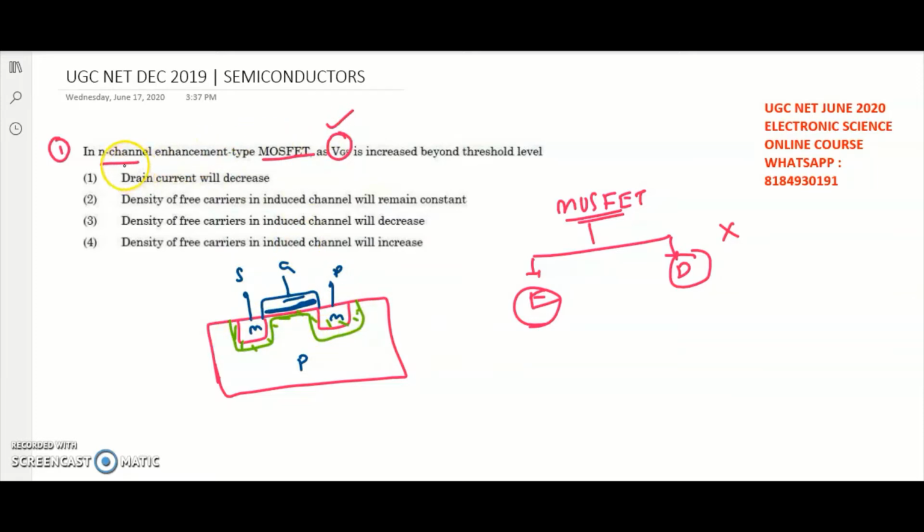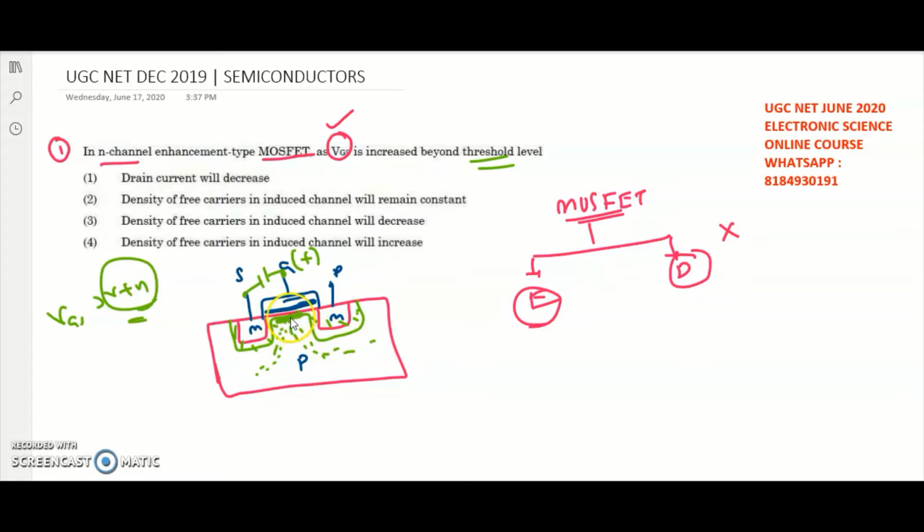And now they are asking what happens when the gate to source voltage is increased beyond the threshold level. The threshold voltage is the minimum voltage required to form the channel. That means whenever a positive voltage is applied between the gate and the source, the minority charge carriers, nothing but electrons in this p-type substrate, will start attracting towards this gate.